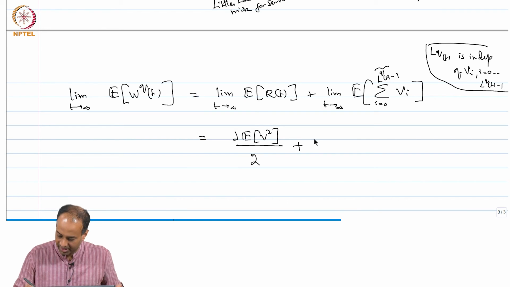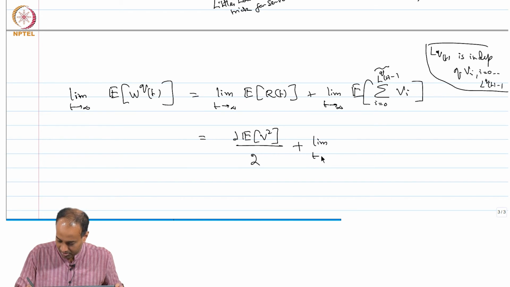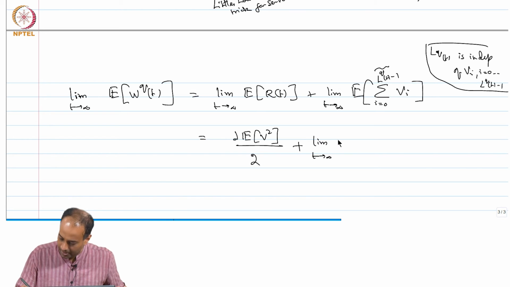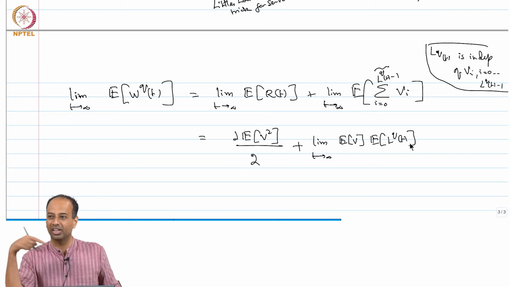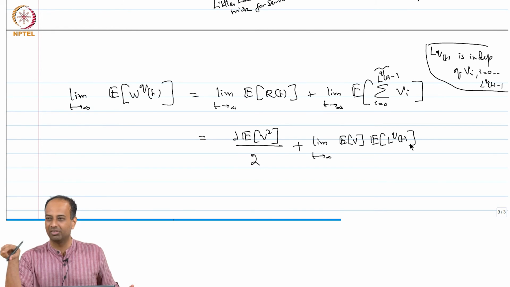So, using that I can write this as the limit as t tends to infinity of expected V times expected LQ(t), because if you are summing a number of random variables where the number of random variables is independent of the random variables you are summing, you get the product of the expectations. This is a very simple version of Wald's, now even Wald's is not necessary.